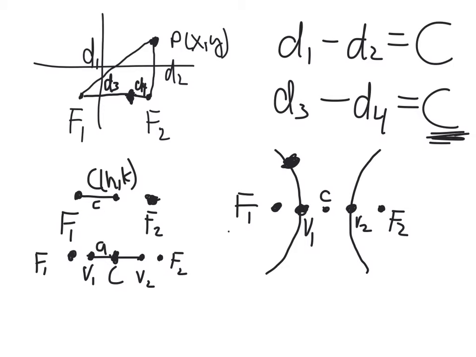So we'll again set up our equation. And, well, we could even say this, D1 to D2, the difference, this constant, we probably should say the absolute value of this difference equals a constant.